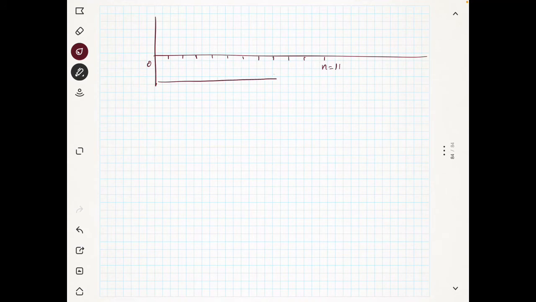Suppose you are considering the whole duration of these intervals as t. Then the duration of one block will be nothing but t by n. So t is the whole duration and t by n is the duration of each block.